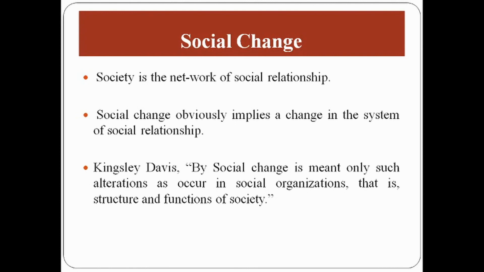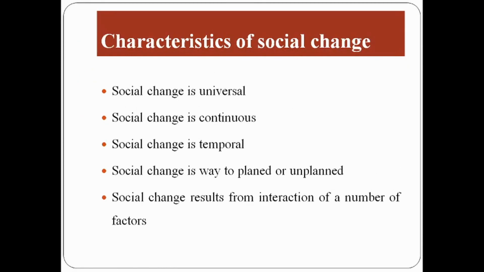So Kingsley Davis says that social change is only the alterations that occur in the social organization, which is the structure and function of the society. And we can say abolition of sati and child marriage are some of the examples of social change that happened in our society. And next we can move to some of the important characteristics of social change.